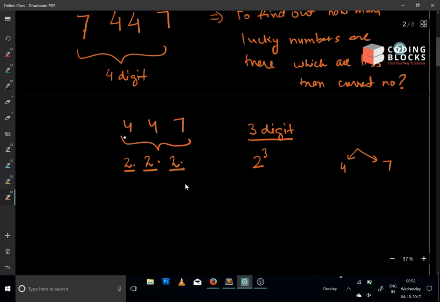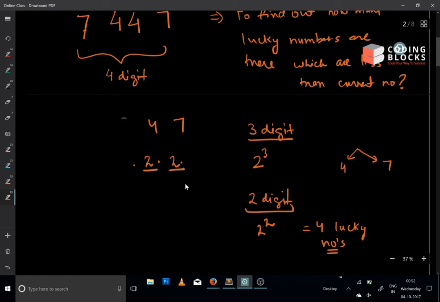Let's remove one more digit from this number. So how many 2-digit numbers are there? We can clearly see there will be 2 raised to the power 2 lucky numbers. So there will be 4 lucky numbers. And we know what these numbers are: 47, 44, 74 and 77.